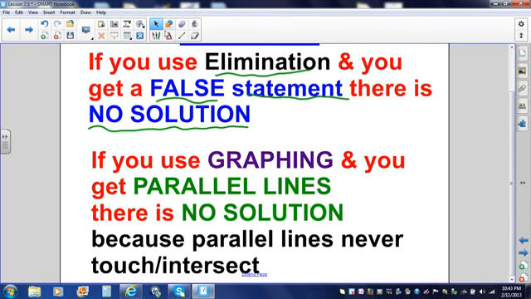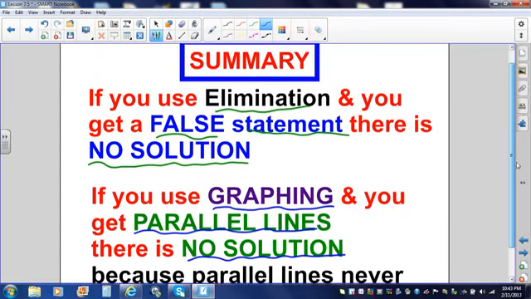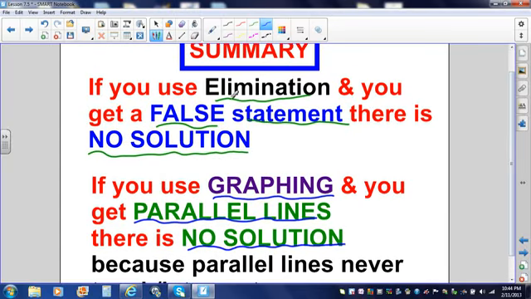If you use graphing and you get parallel lines, we say there is no solution, because parallel lines never touch or intersect. So please make sure you have the summary down.